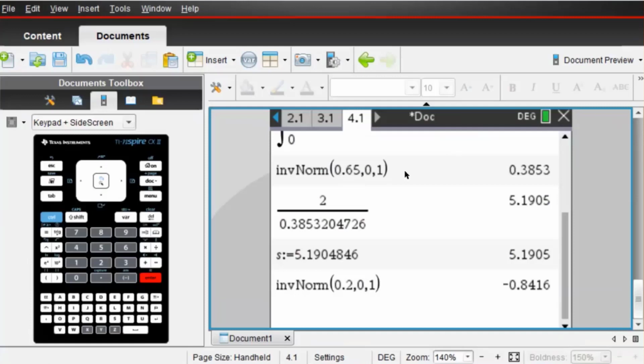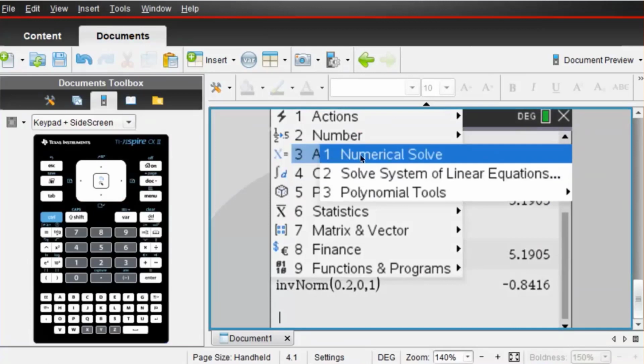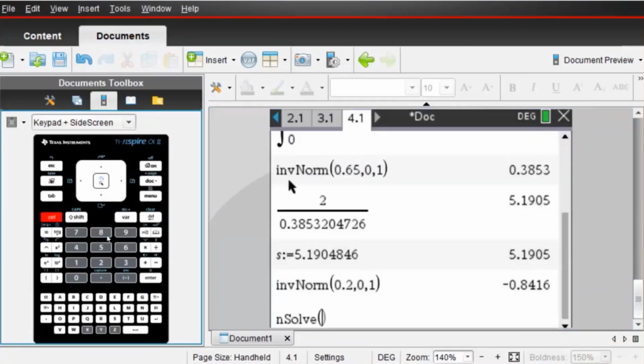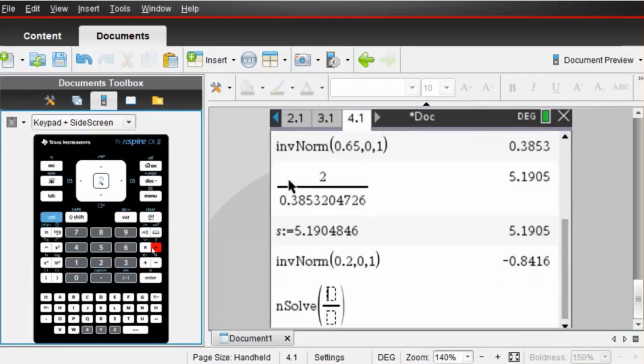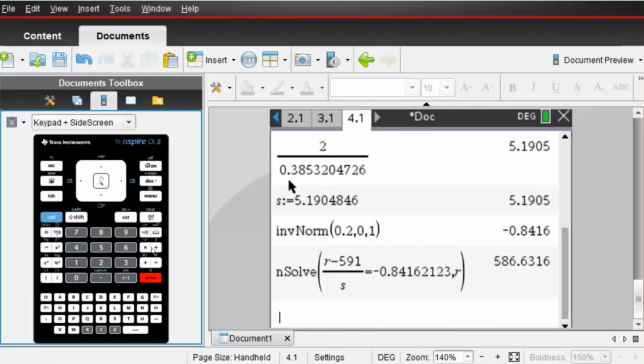So basically, we just want to solve the equation for x. Numeric solve, my x is really R, minus my mu, which is 591, over my s, and that equals that value there. And what do I want to solve that for? I want to solve that for R, sorry.